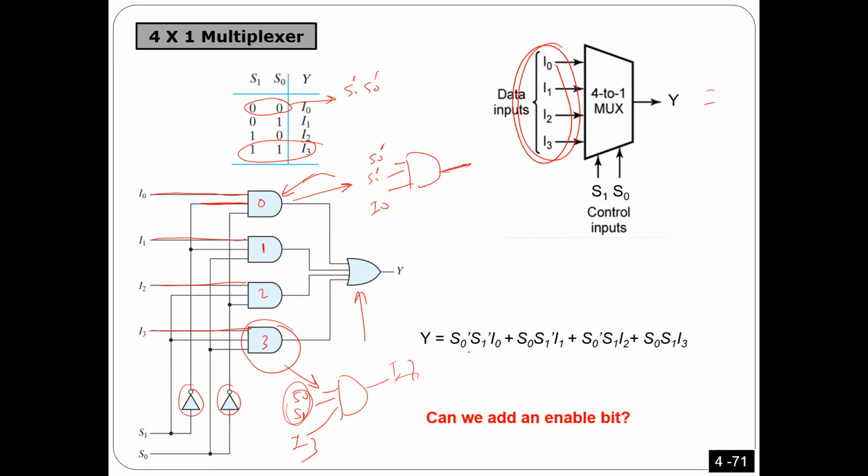You understand what I'm saying? This is min term number 0, min term number 1, min term number 2, min term number 3. If you remove these ANDs and the OR, it becomes a decoder. So this is one output: I multiply the min term, AND the min term, with I. Any questions?